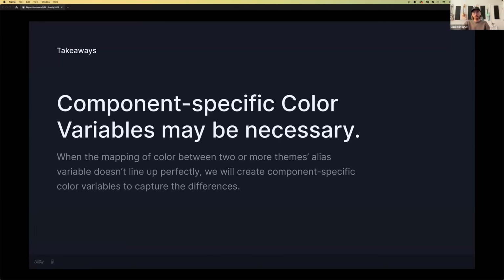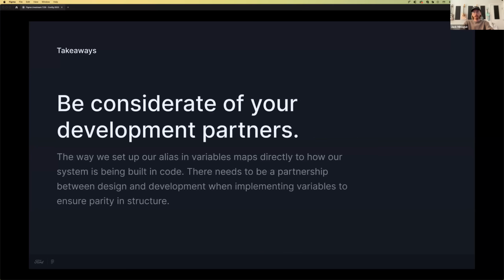But I do want to caution against leaning too heavily into that, just so that you're not creating any unnecessary layers of aliasing that don't necessarily need to be there. I would probably reserve this tactic just for instances where you cannot get your mapping one-to-one across different brands in terms of using those semantic color variables.